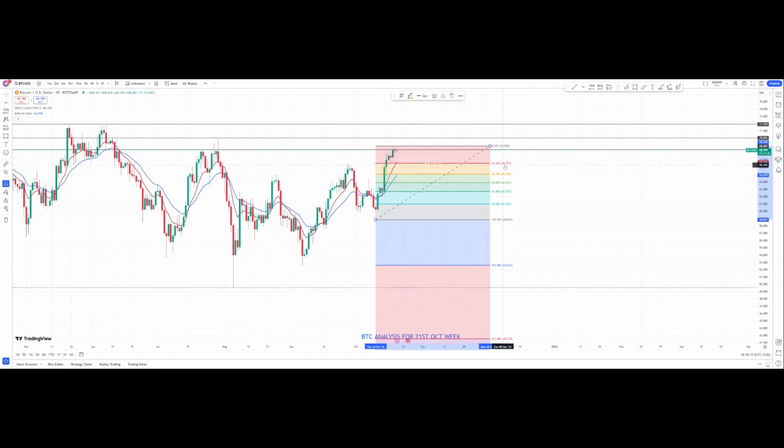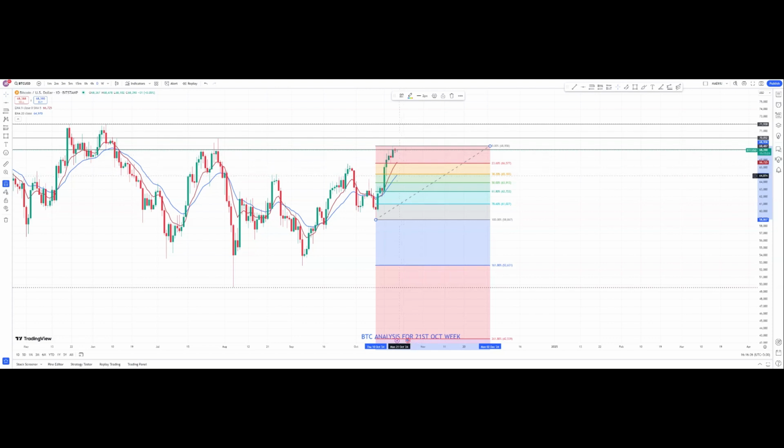At the same time, that's where the 23.6 percentile on the fib is available, which is one area from where the market can go up after that retracement.